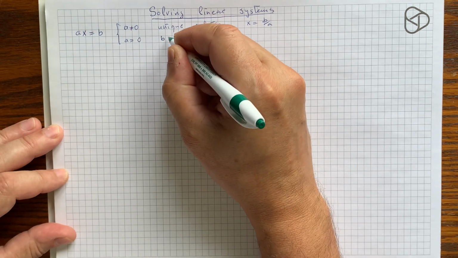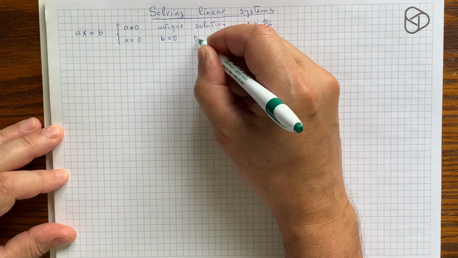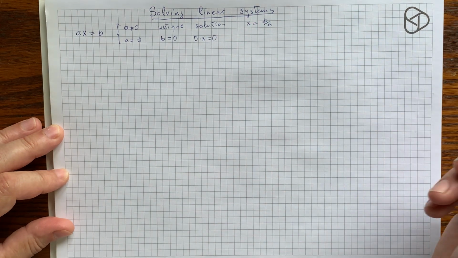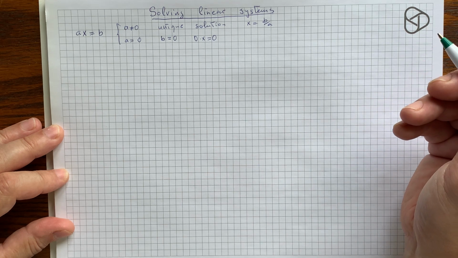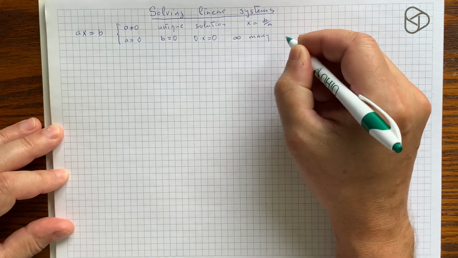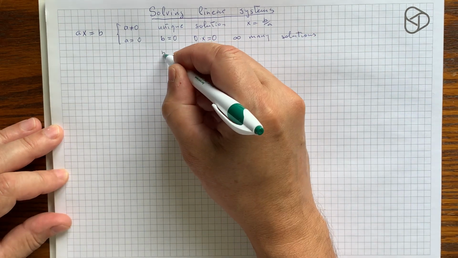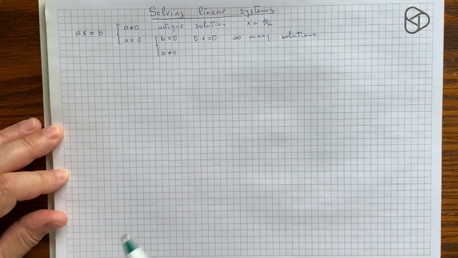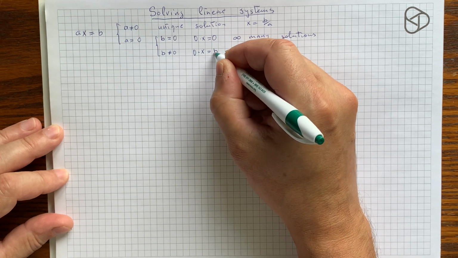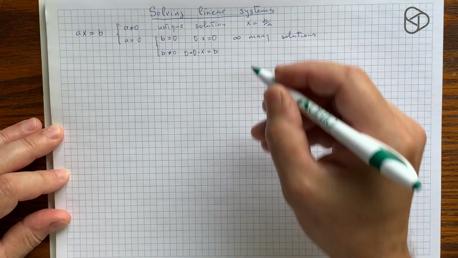So if B is zero when A is zero as well, we'll have the equation 0 times X equals 0, which is just a vacuous equation, and it has infinitely many solutions, all values of X. But when B is non-zero and A is 0, we will have an incompatible, unsolvable equation, something which is 0 on the left being equal to something non-zero on the right, so there will be no solutions.